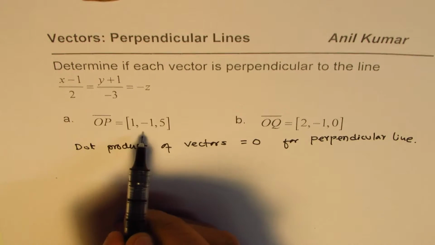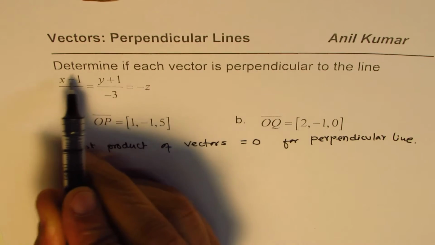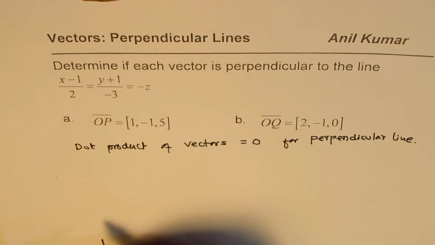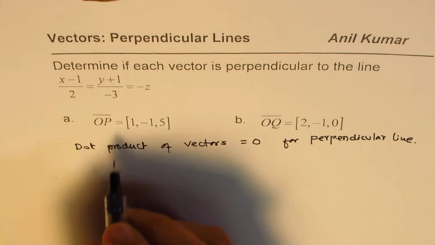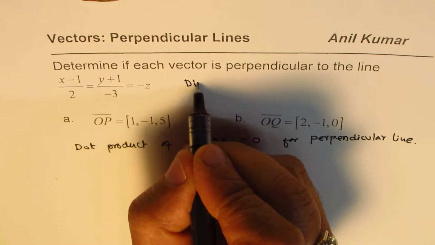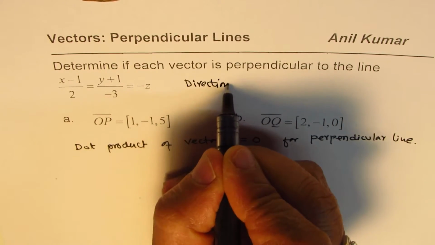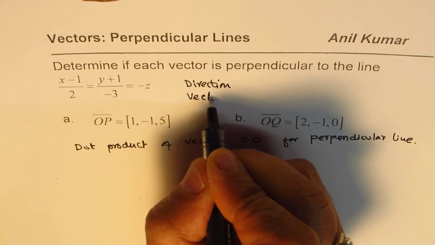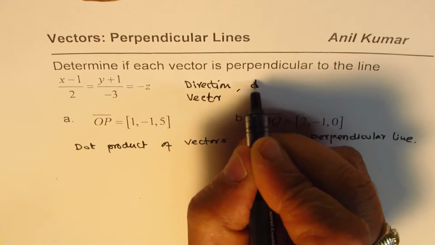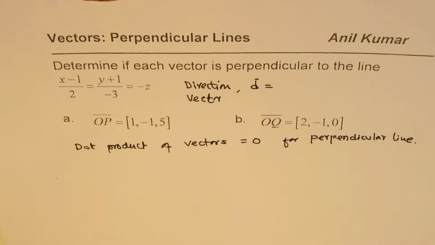Now, which vectors? This is given to us. What is the vector which you're looking into in this equation? Well, from the equation, we can always get the direction vector. Right? Can you tell me what is the direction vector in this case?